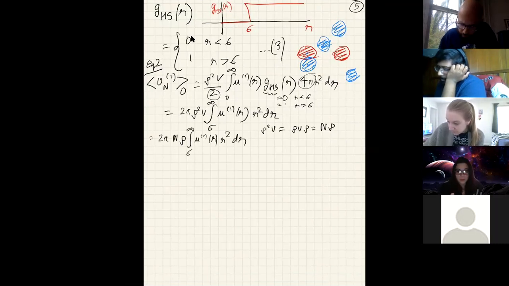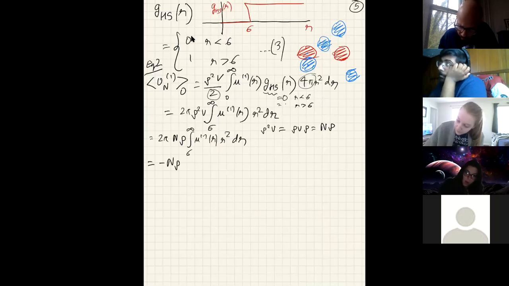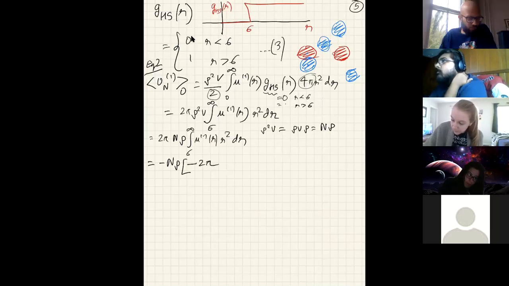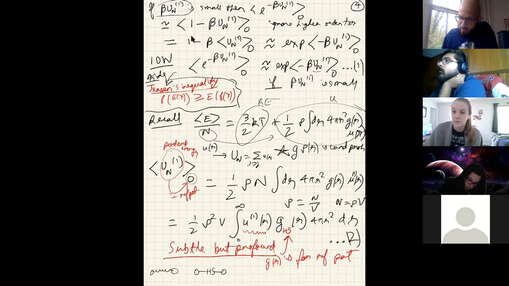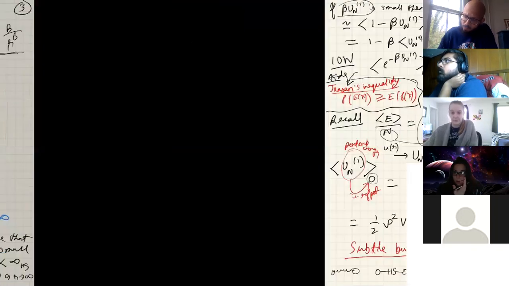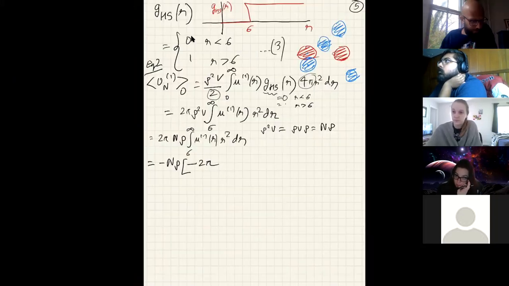This in turn can be written as minus N rho multiplied by another minus 2 pi, and the minus minus is just for historical reason, whereas the minus minus cancels. You could have left it as a plus, but the minus minus happens because of the form that you have seen. That's why we are getting a minus out, because we want to have something that looks like that.